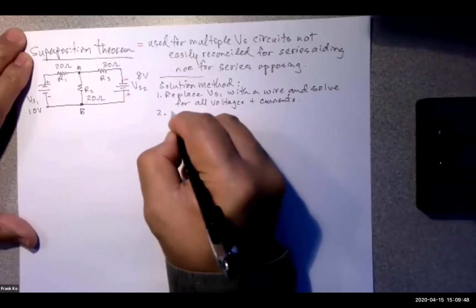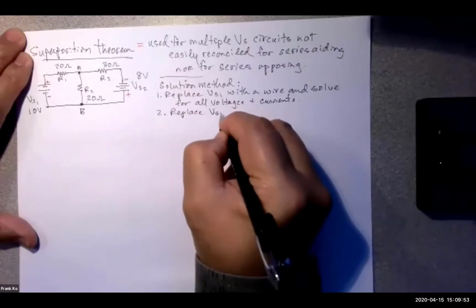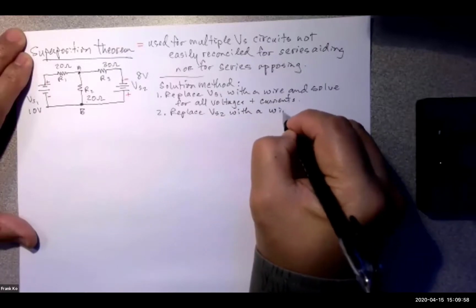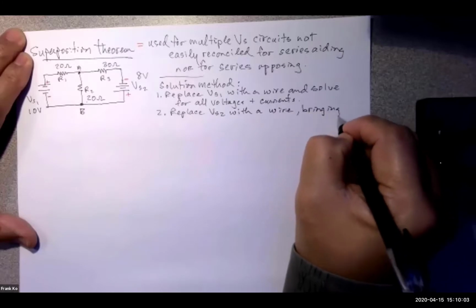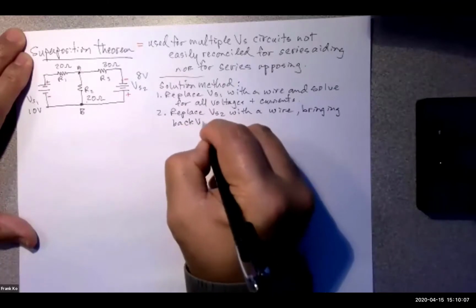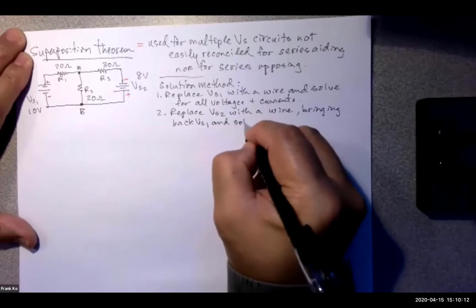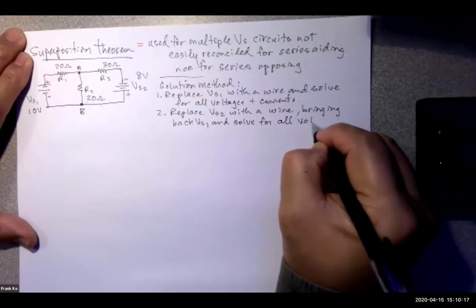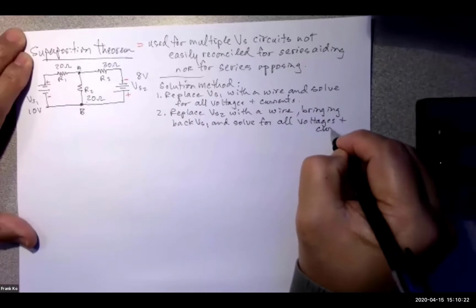Then 2, replace VS2 with a wire, bringing back VS1, and solve for all voltages and currents.